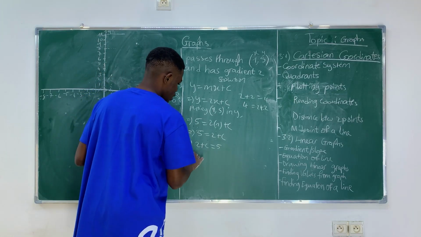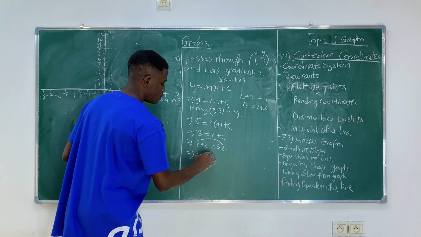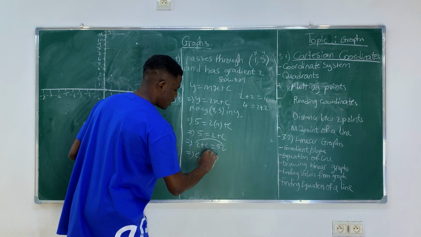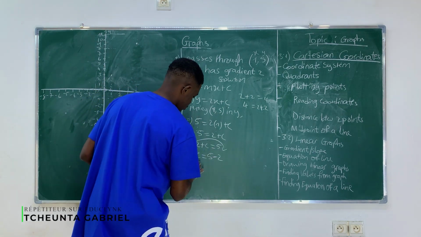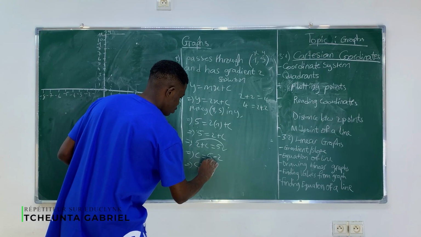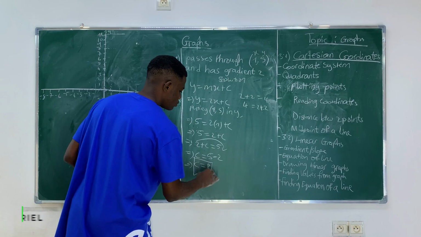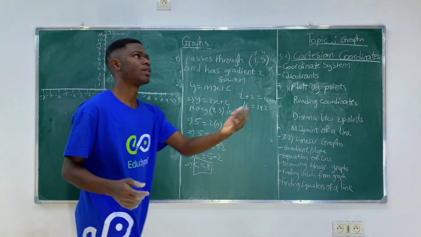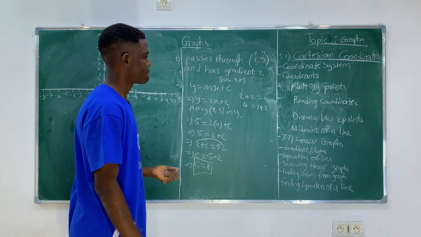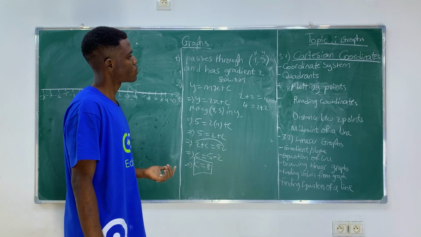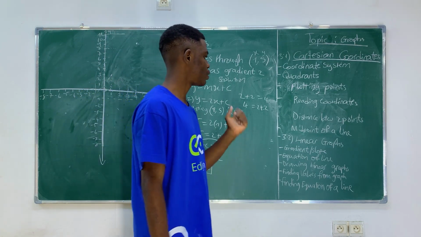So, since I want c here, I have c equals 5, and since 2 was plus, here it becomes minus 2, which implies c is equal to 3. Just like that. c is equal to 3.